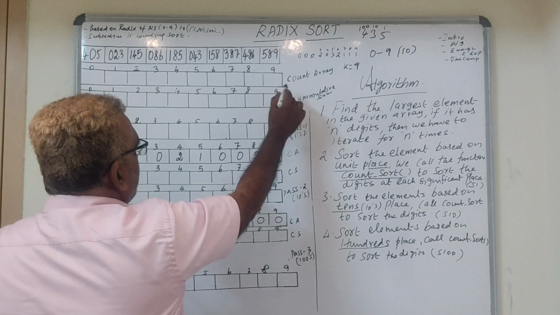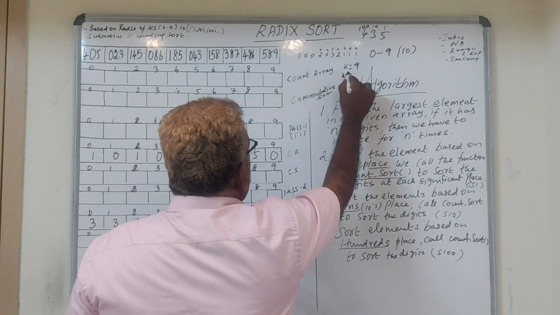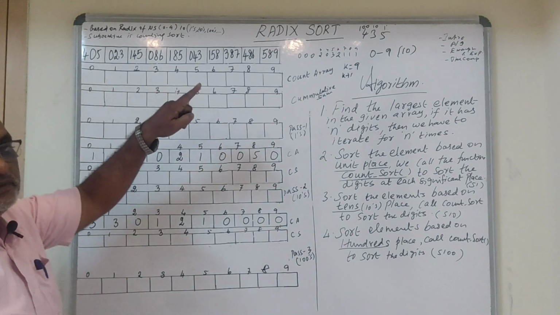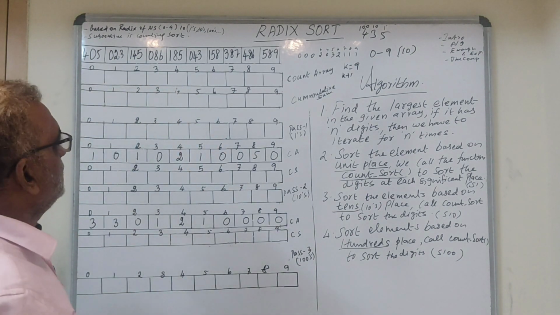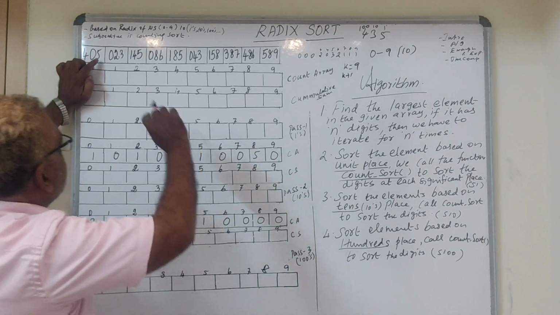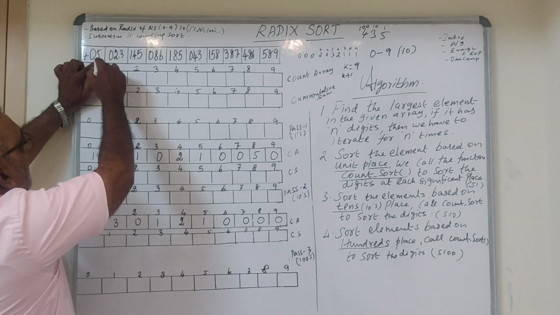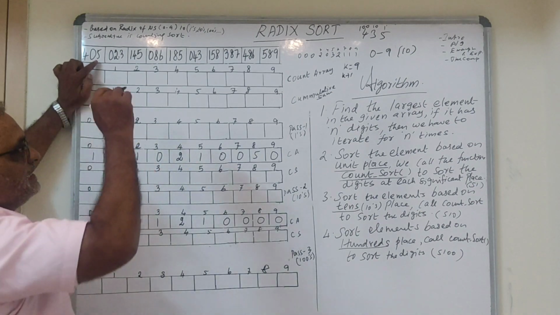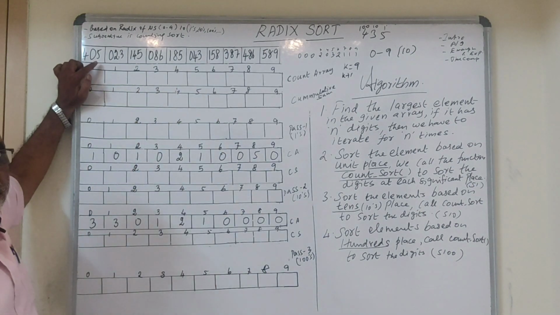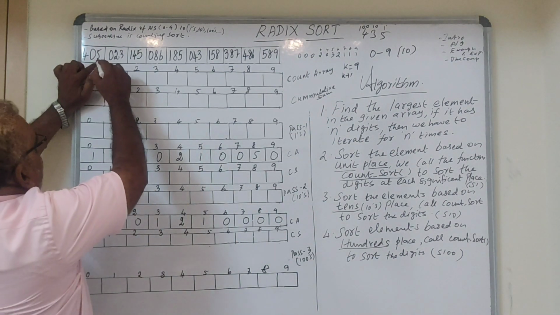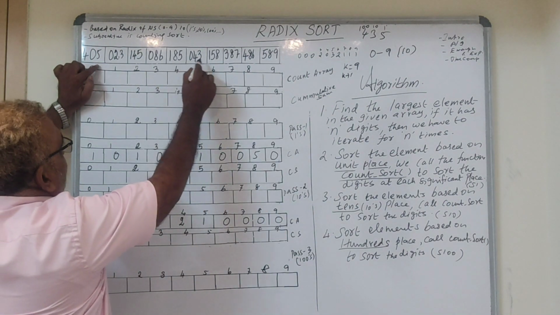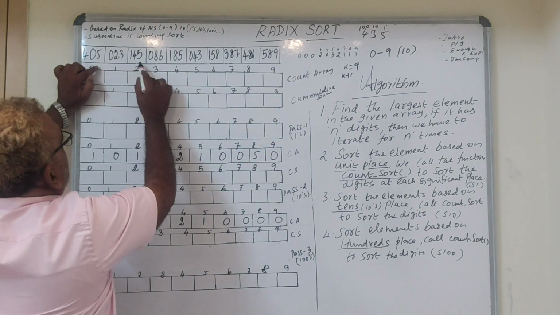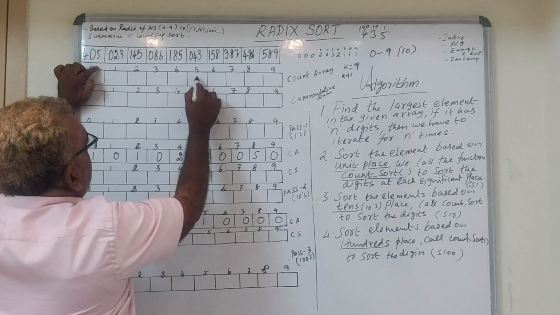You have to design your count array of size k plus 1, so you should have 10 locations. First, check the 1's position and find out how many times each element occurs in this list. How many times does 5 occur? 1, 2, 3. Three times.